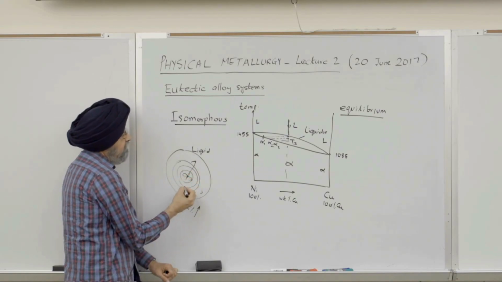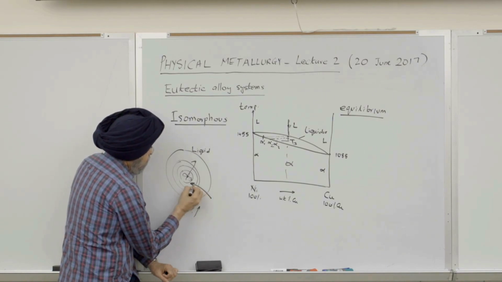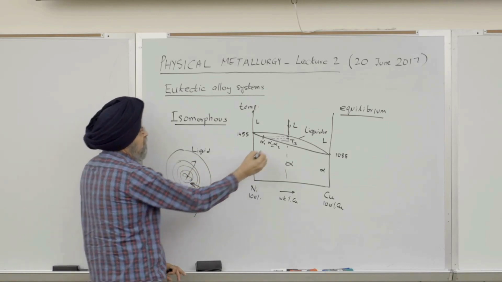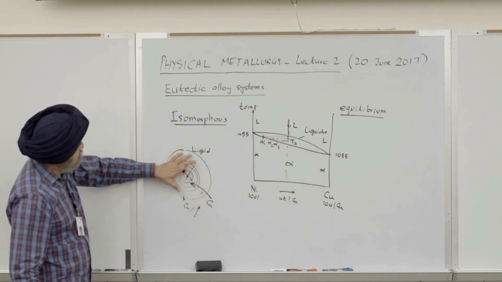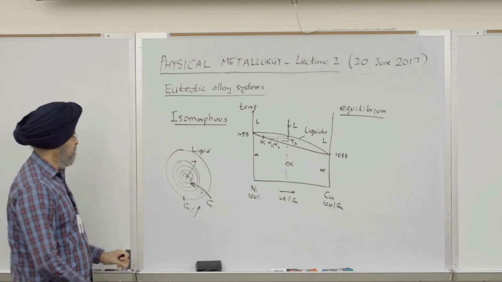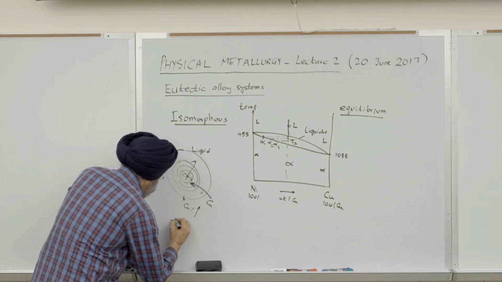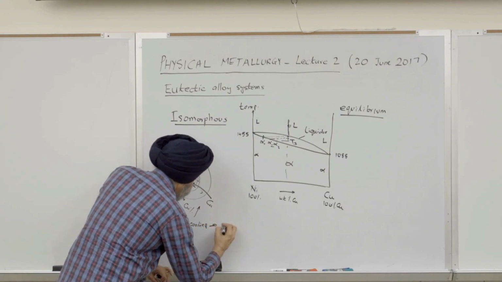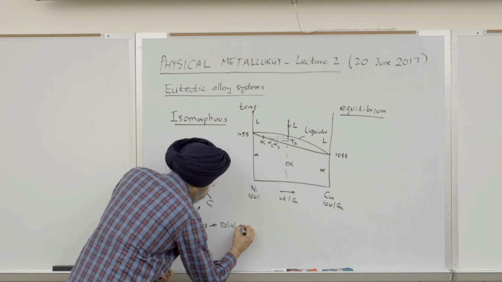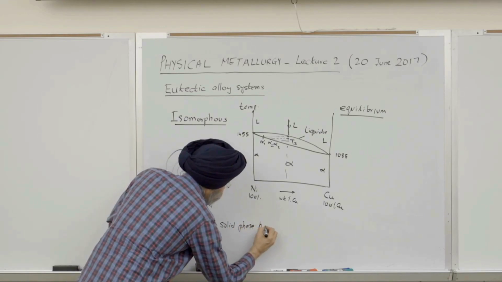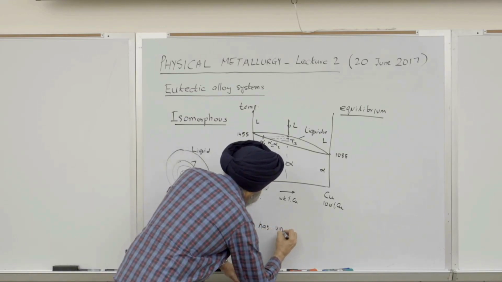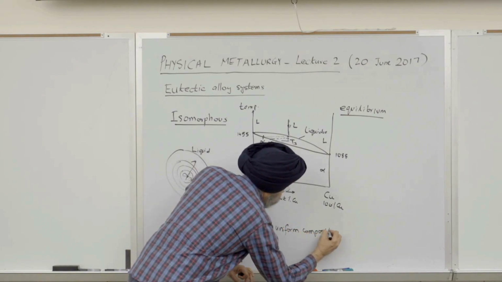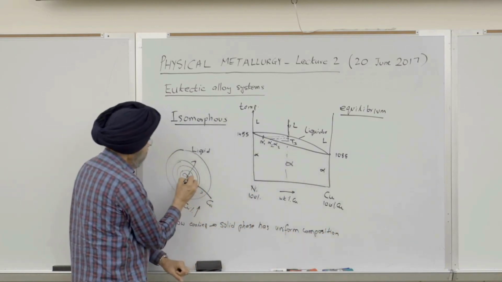Because of diffusion, basically copper diffusing in from the liquid, we're saying we're cooling so slowly, slow cooling, that our solid phase has uniform composition. So composition does not vary from here to there.